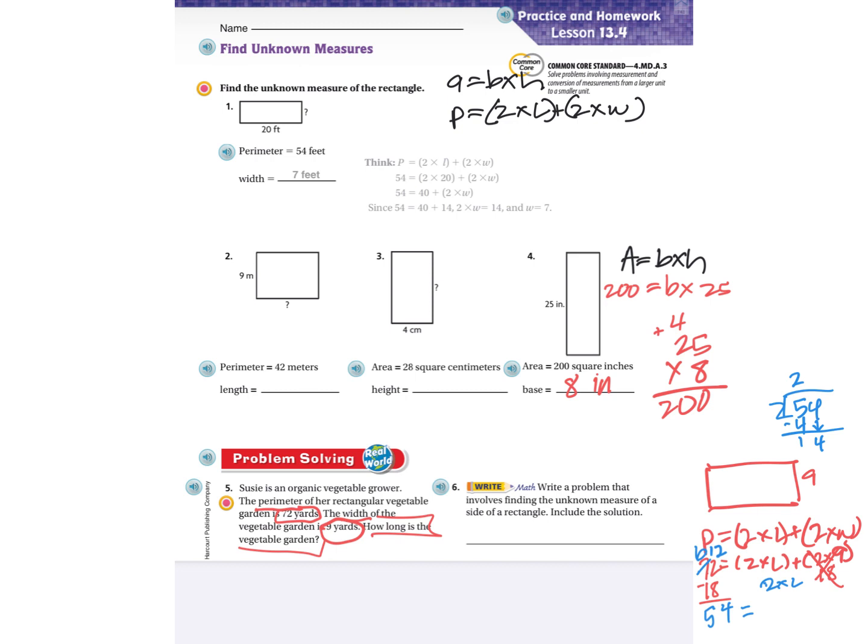Okay, very good. So 27 is my length. So 27 what? Yards. 27 yards. So if I had 27 plus 27 plus 9 plus 9, that would equal 72. Pretty cool, huh? So 9, 9, 27, 27.